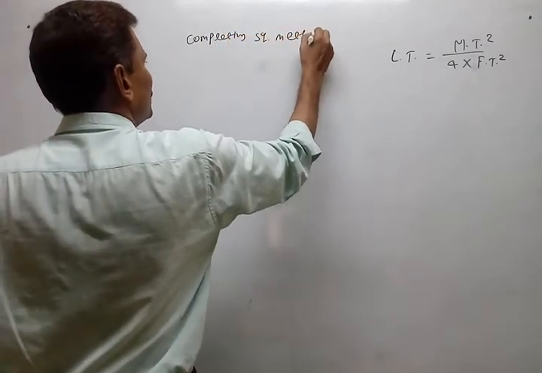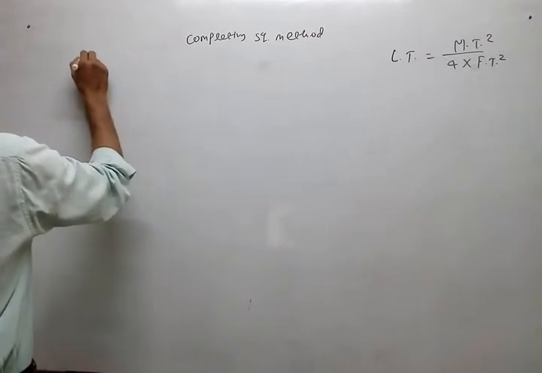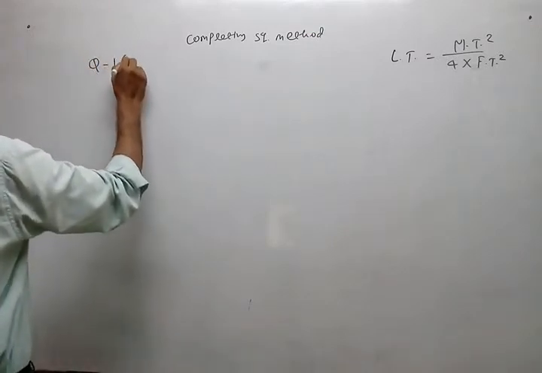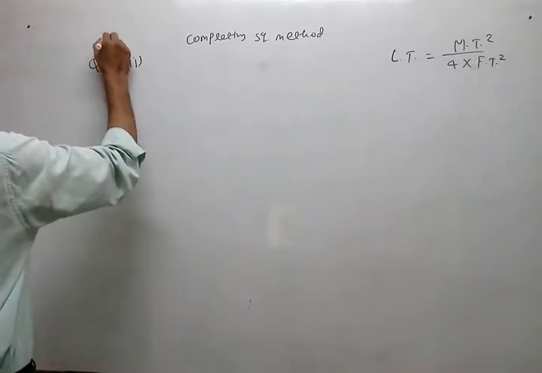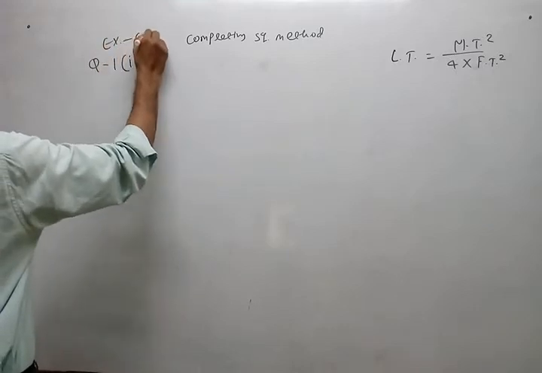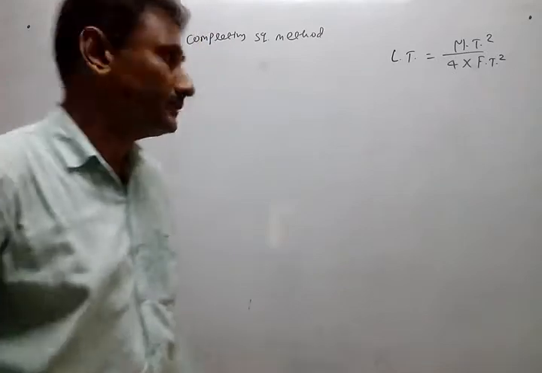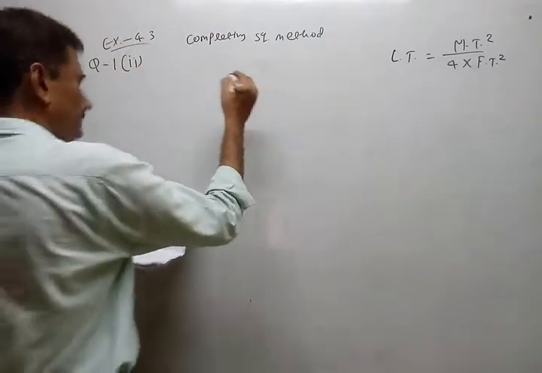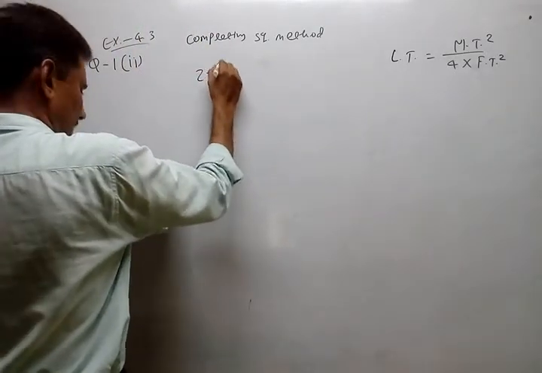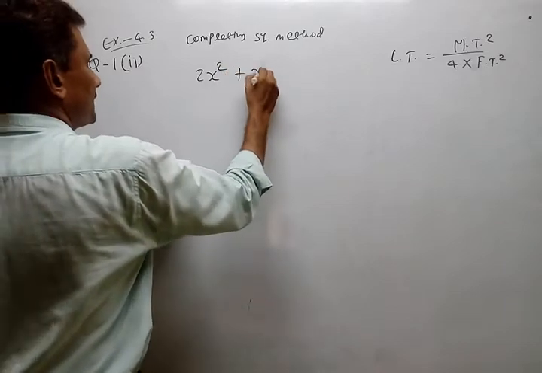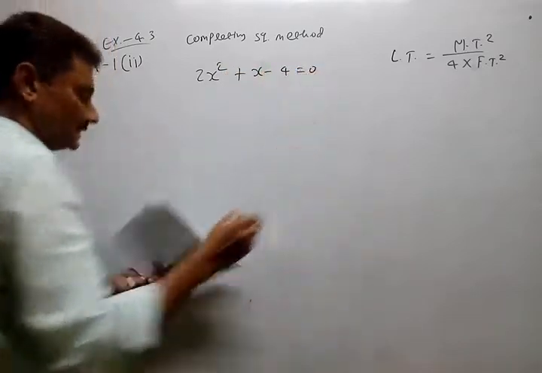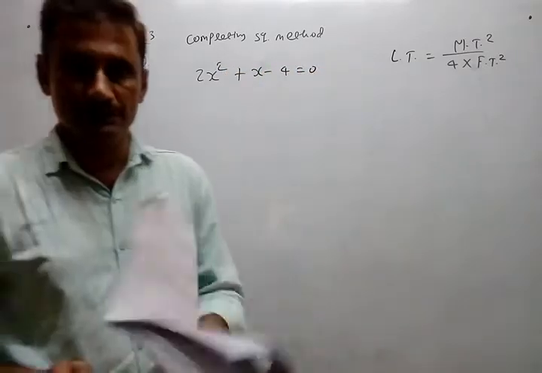Now we plan to solve question number 1, second sub-question, of exercise 4.3. We already solved the first sum. Look at this: 2x square plus x minus 4 equal to 0. This is the given quadratic equation.